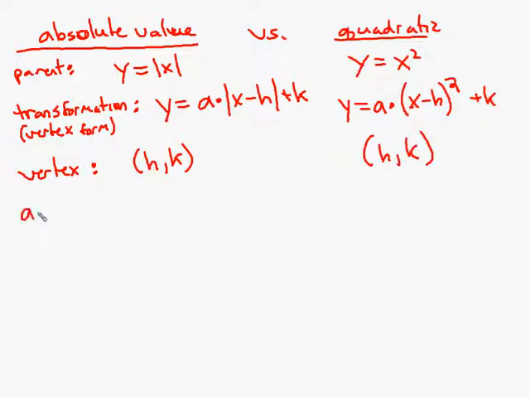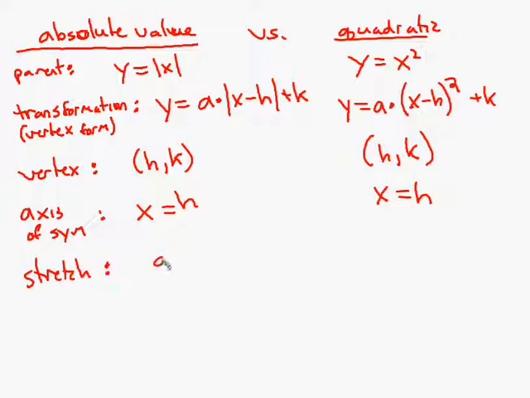Our axis of symmetry is x equals h. Same thing here, x equals h. Our stretch for both of them is a. Whatever that thing is in front.